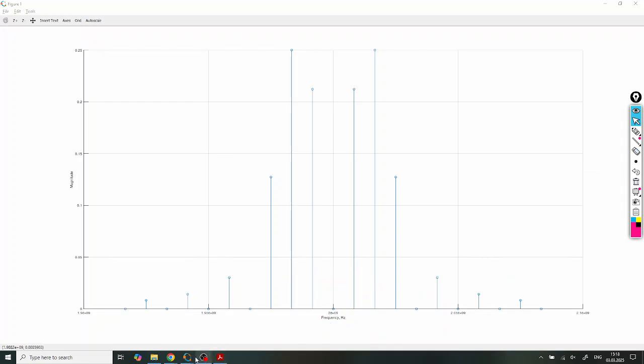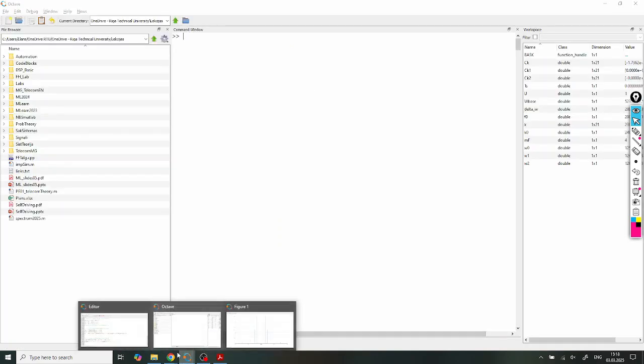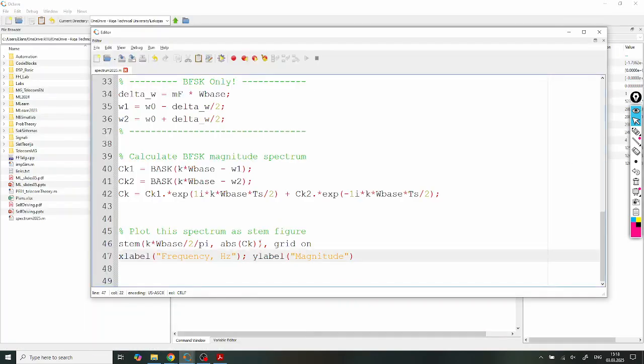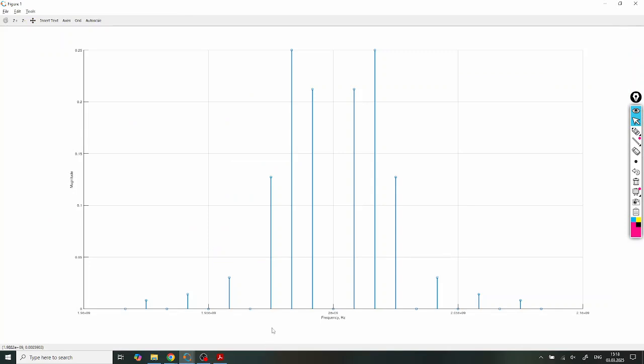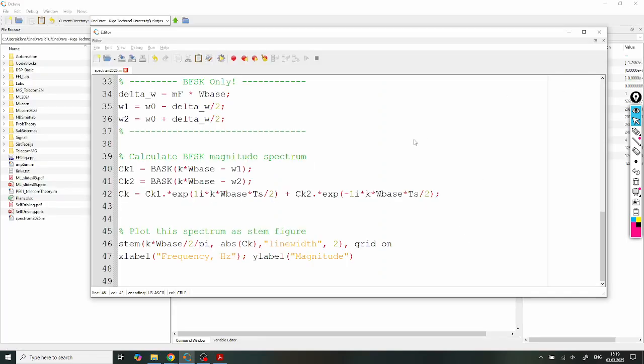Now let me make this spectrum a little bit thicker line to see it better. So I'm going to add a parameter called line width. And also I am going to make these pictures occupy only half of this window, because the next spectrum I'm going to display is going to be an energy spectrum.